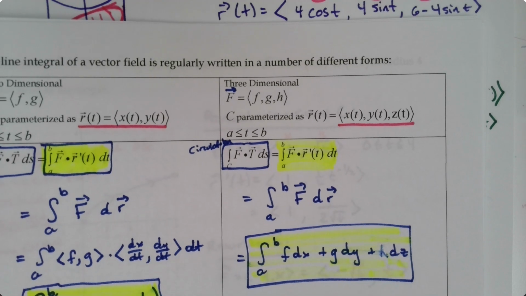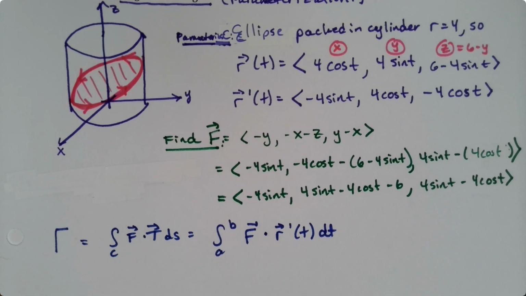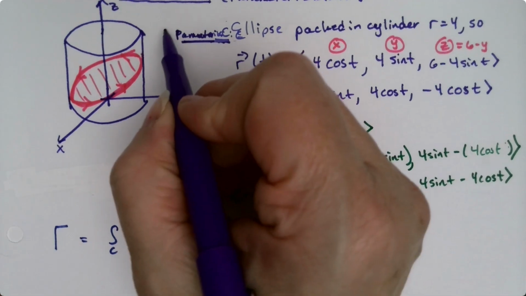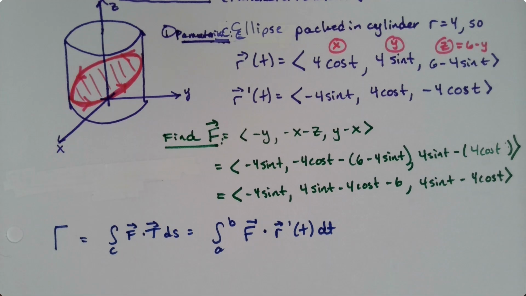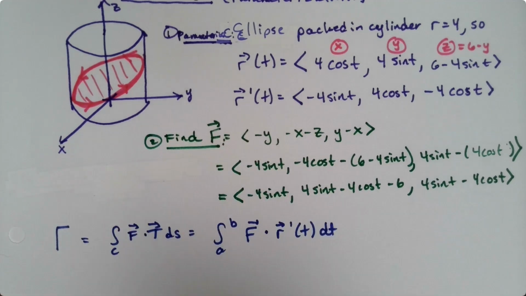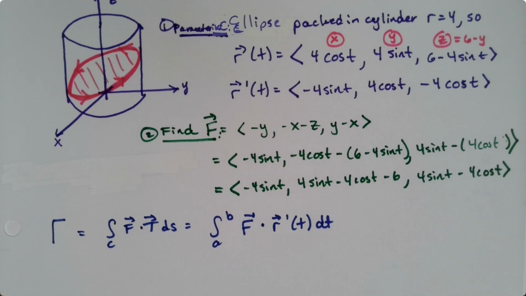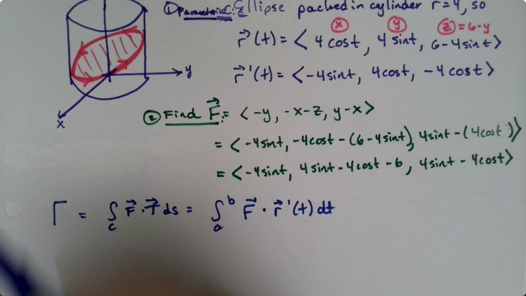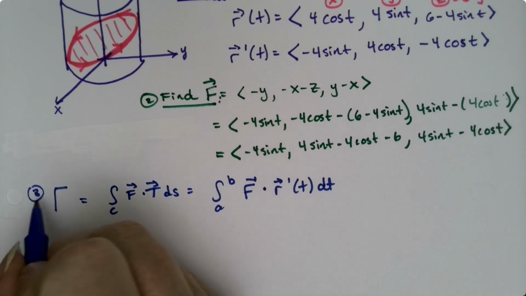So let me write those formulas in. And it just occurred to me I should have labeled these. This was step 1, where we were parameterizing our curve, and this is step 2. We found our vector field and the appropriate terms that we needed, and now we're doing step 3. We're finding the circulation. So this is step 3.